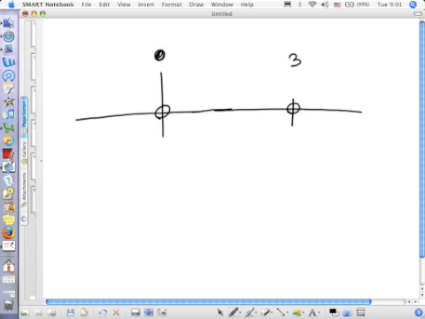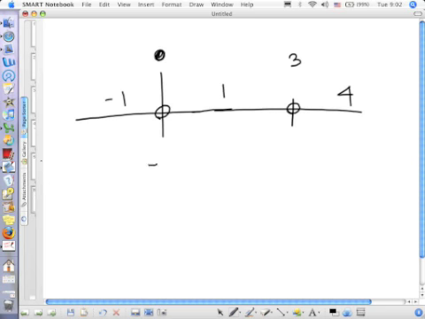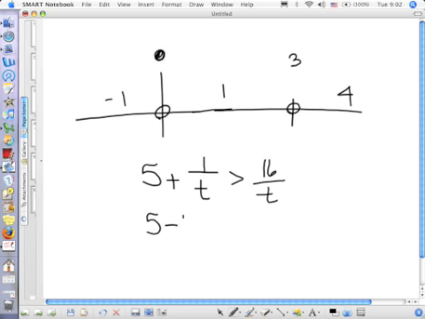Okay, so let's choose some numbers in our regions. Easy: -1, +1, +4. My original was 5 plus 1 over t is greater than 16 over t. If t is equal to -1, will this be true? That's 5 plus 1 divided by -1, or -1, is greater than 16 divided by -1.